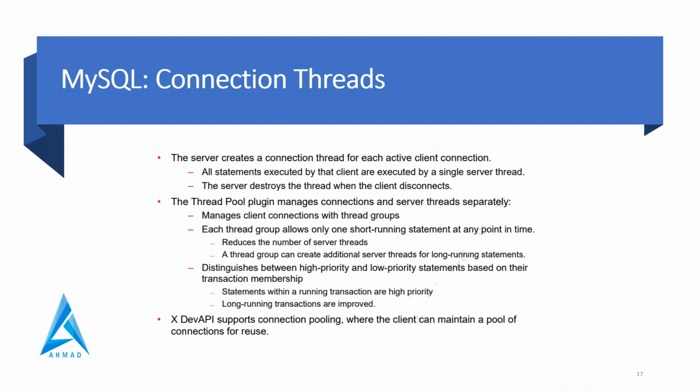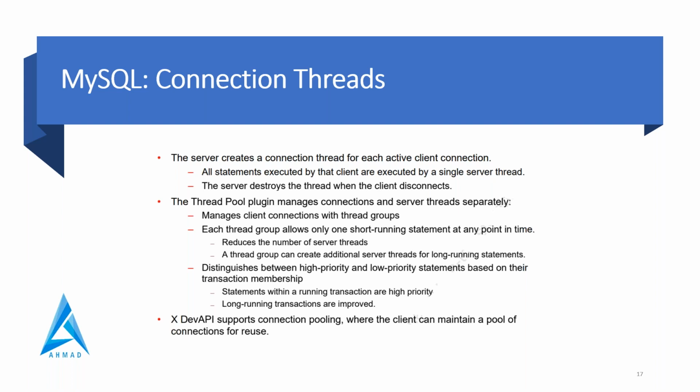Now, connection threads. The server creates a connection thread for each active client connection. When the server creates and destroys connection threads, it must allocate and deallocate memory structures used by those client connections.